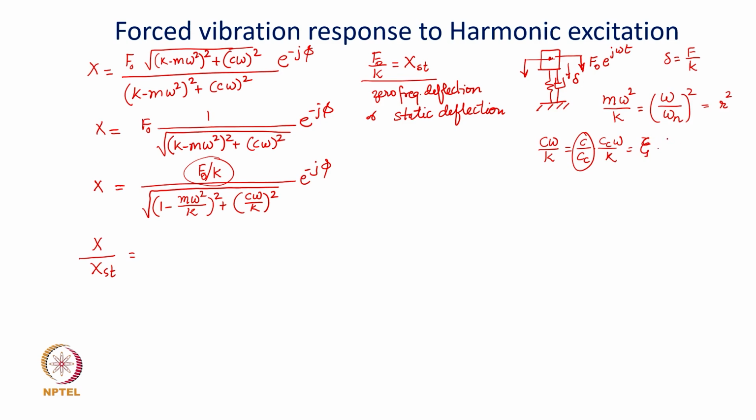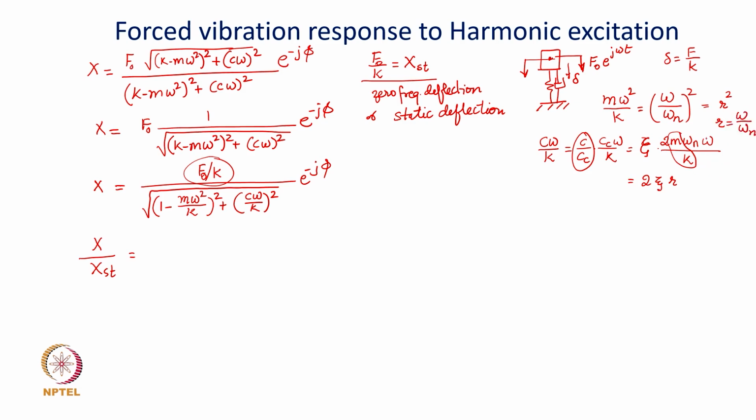What is Cc? Critical damping coefficient, which has the value equal to 2 m omega n, isn't it? And I have omega here and k in the denominator. Again, m over k is nothing but 1 over omega n square, which means that this can be written as 2 zeta r, where r again is omega over omega n.